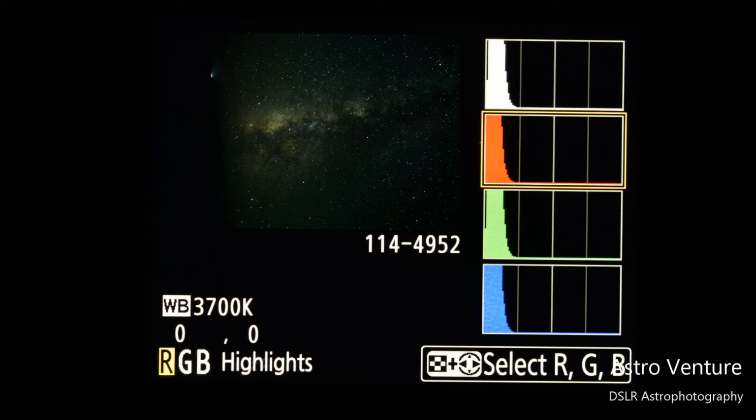But on the histogram on the right-hand side, you're seeing a lot of the data is climbing that left-hand wall of the histogram. To look at this image with your very dilated eyes in the dark out here, it may look pretty good, but I promise you, once you get back home and look at it on the computer and your eyes aren't so dilated, it's not going to look so good.